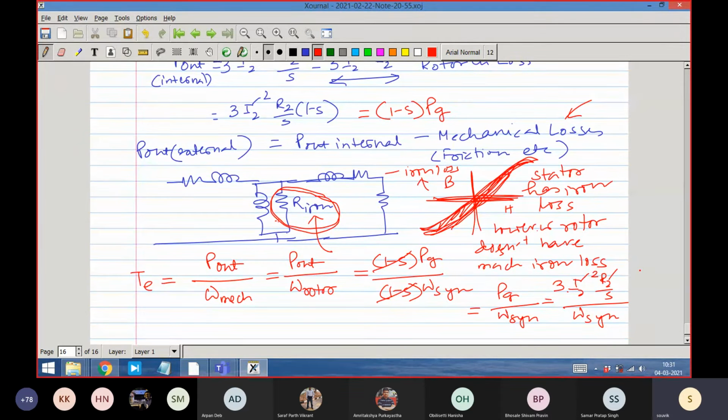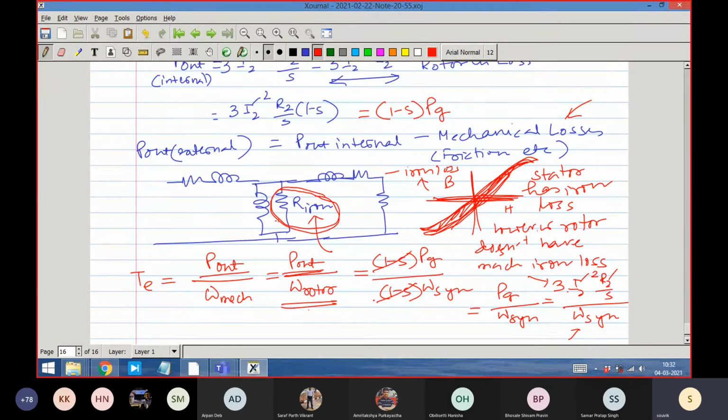It is very simple. The air gap power is 3 times the air gap power per phase, where 3 is just for the number of phases of the machine, divided by the synchronous speed. Actual torque is P out by the rotor speed. But P out is 1 minus S times the air gap power, and omega rotor is 1 minus S times the synchronous speed.